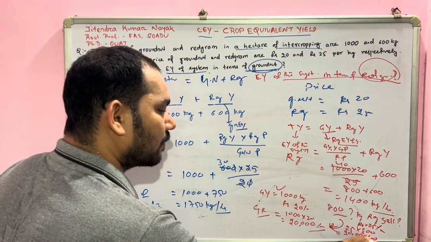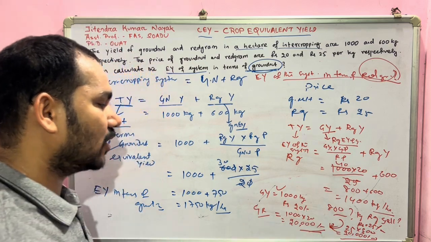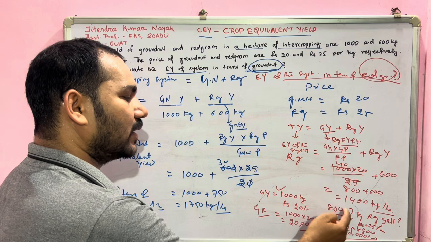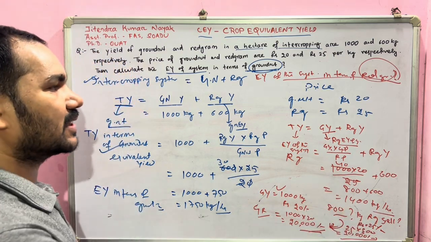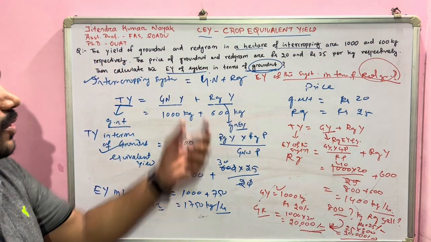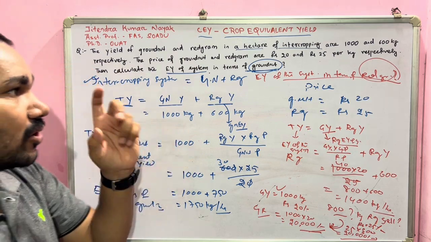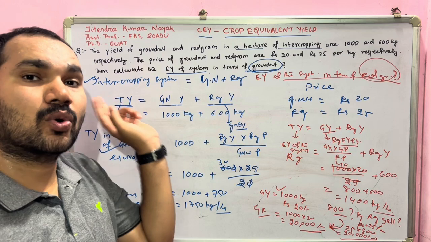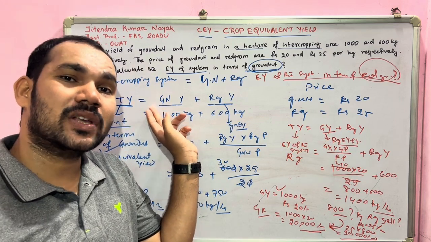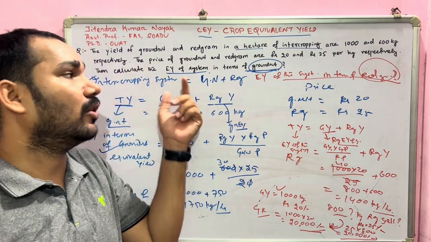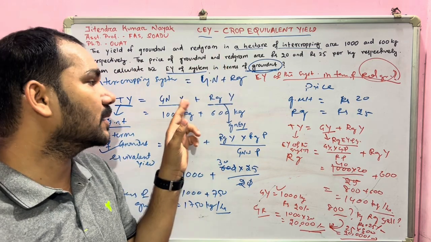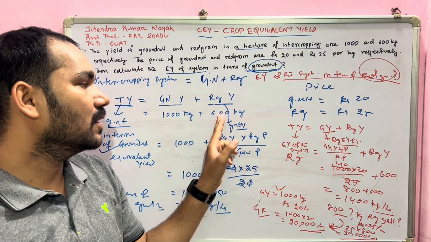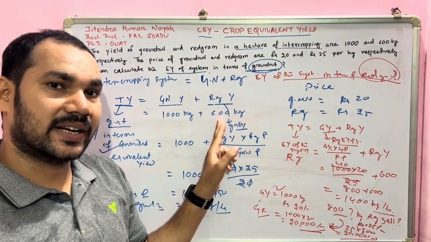So you have the same gross return either by selling 1000 kg of groundnut or by selling 800 kg of red gram. This is called the equivalent yield or crop equivalent yield. So suppose I ask you what is the total yield of the system? You will tell, sir, from 1 hectare of intercropping I am getting 1000 kg groundnut and 600 kg red gram.